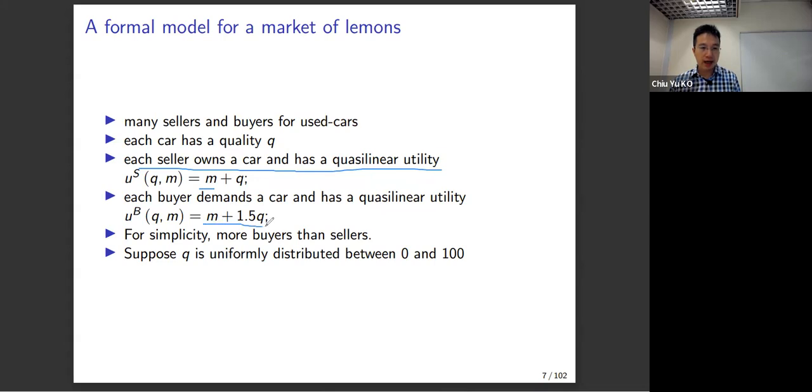And this is money plus or minus Q, right? So it means that if you buy the car at price P, your payoff will be Q minus P, right? It can be normalized, okay? If you buy a good car, then you want 1.5Q minus P, okay?